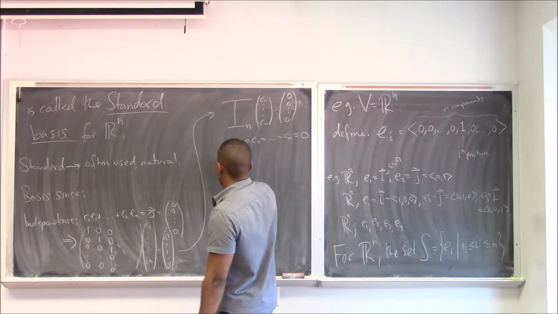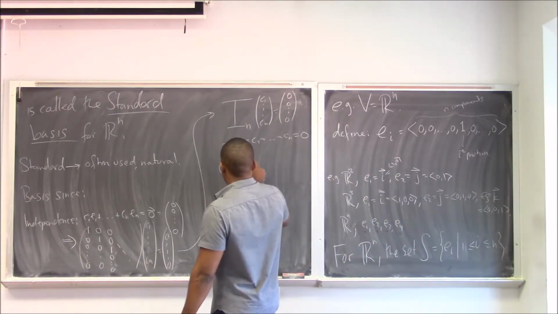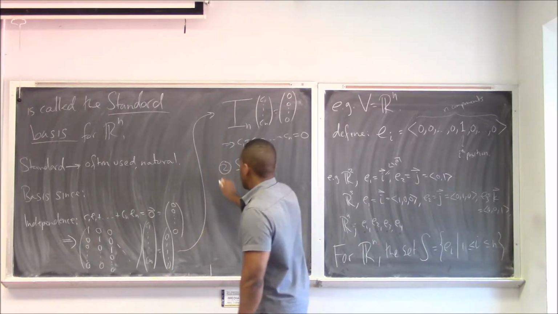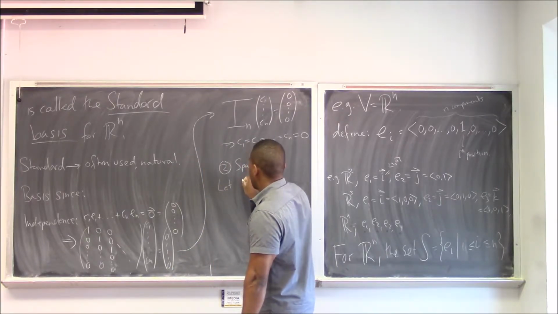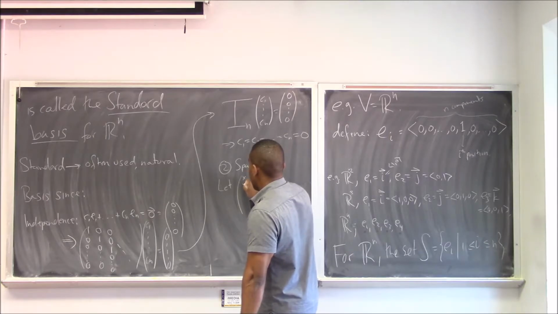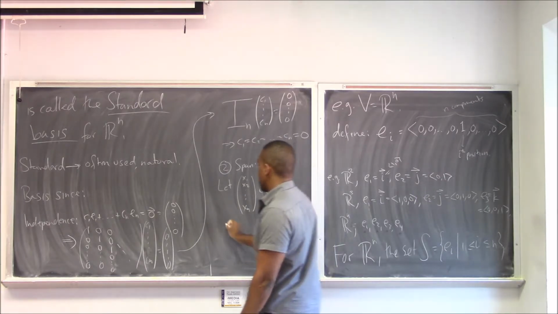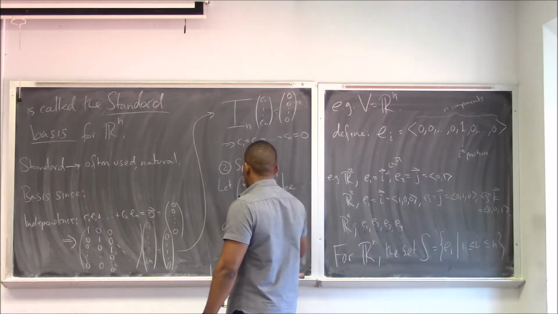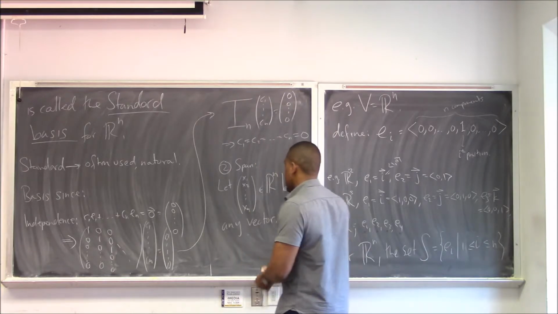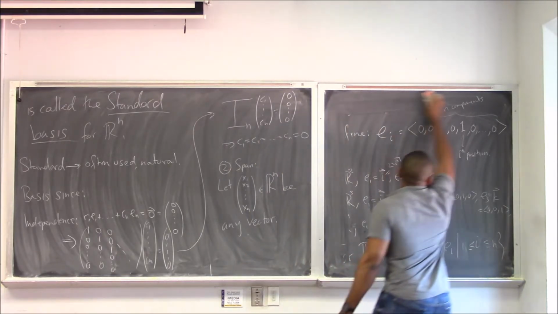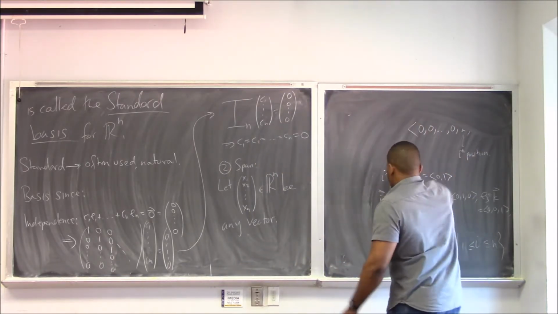And two, if you want to check span, all you have to do is let x1, x2, ..., xn in Rn be any vector. I want to show that it is a linear combination of E1, E2, E3, E4, all the way up to En.